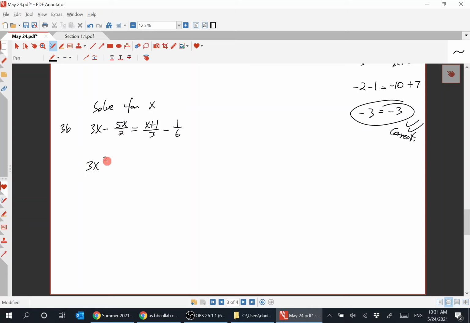So I'm going to multiply 3x by 2 over 2. And this one's already got a common denominator of 2. These two, I need a common denominator of 6. So I'm going to multiply x plus 1 over 3 by 2 over 2. Oh, let's do it a different way. I think this will be easier.